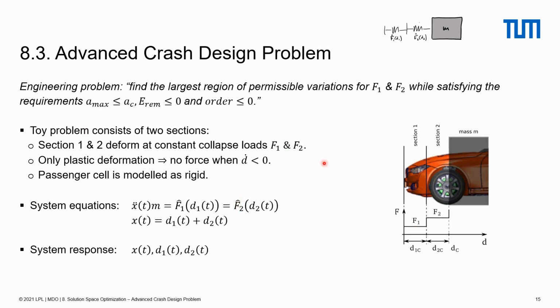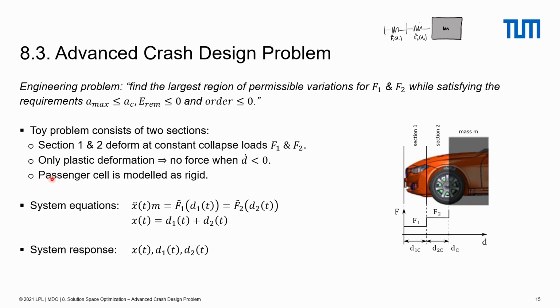and let's look further. The toy problem consists of two sections, section 1 and section 2, that deform at constant collapse loads F1 and F2 respectively. Only plastic deformation, that means no force while D dot is less than or equal to 0. That means if there's no motion, there will be no force.